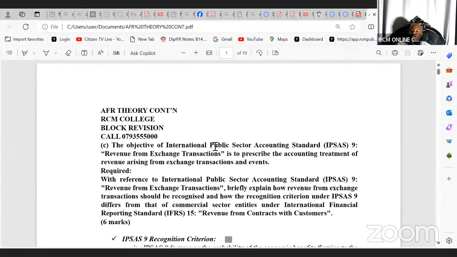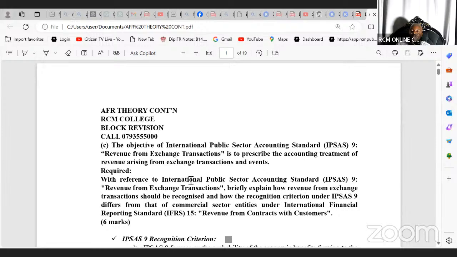The objective of International Public Sector Accounting Standard IPSAS 9, revenue from exchange transactions, is to prescribe the accounting treatment of revenue arising from exchange transactions and events.